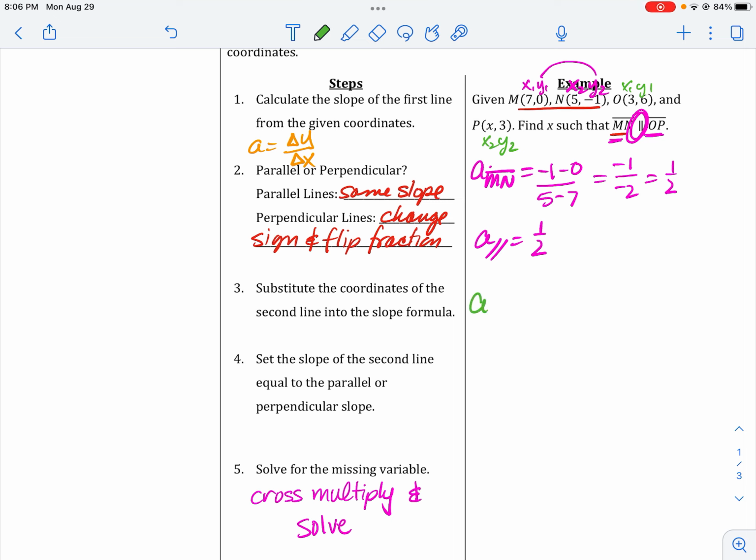So the slope of OP is 3 minus 6 over x minus 3. 3 minus 6 and x minus 3. Okay? So when we simplify that, I get negative 3 over x minus 3. Just because it's not pretty doesn't mean that I haven't found the slope.